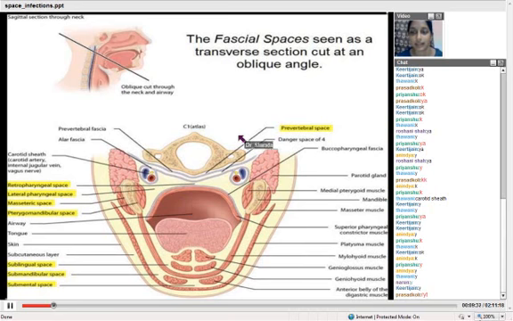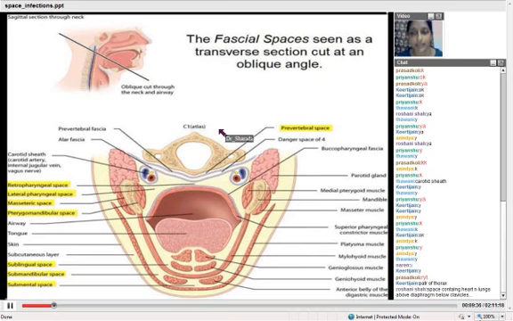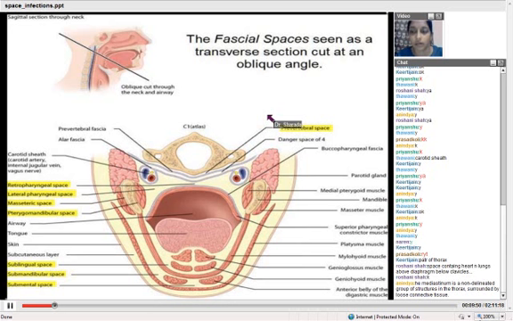Can anyone tell me? Part of the thorax, yes, Kirti. Roshni, but there is a slight difference. When you talk of mediastinum, imagine it to be a bag. Mediastinum is a non-delineated group of structures.